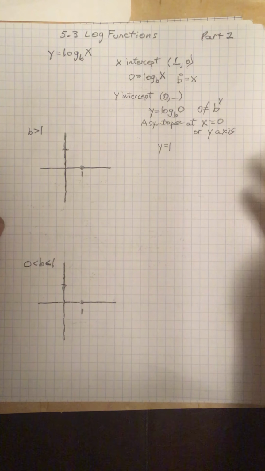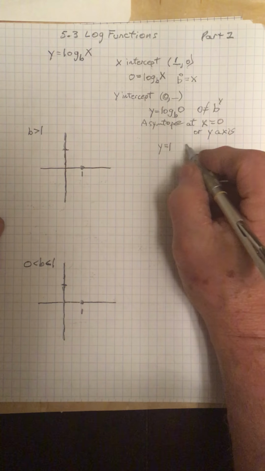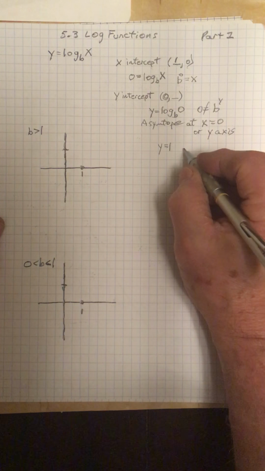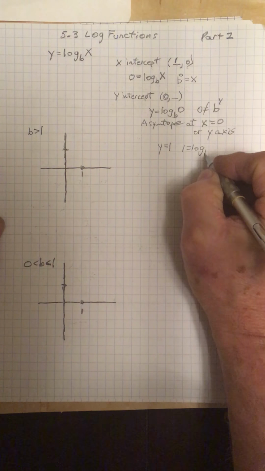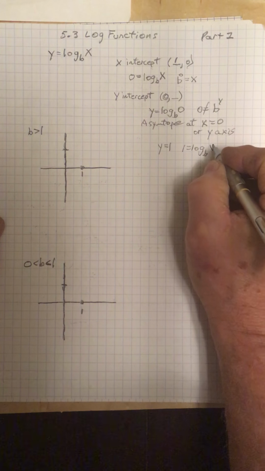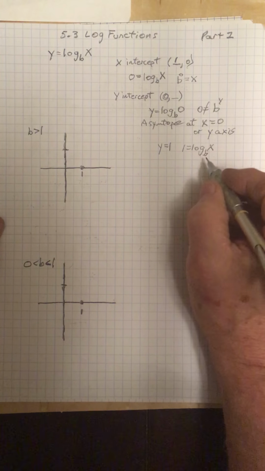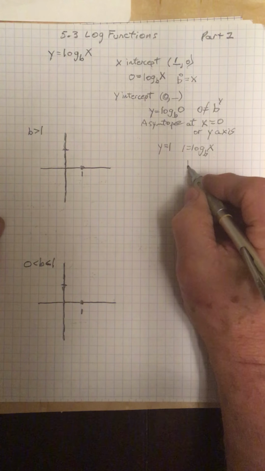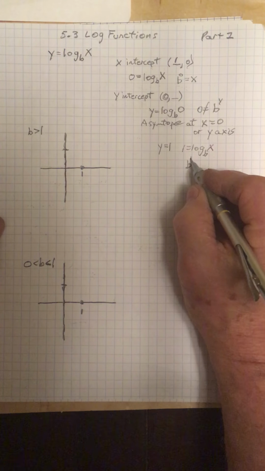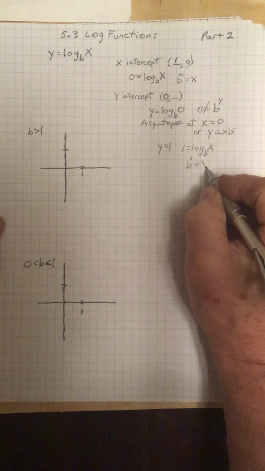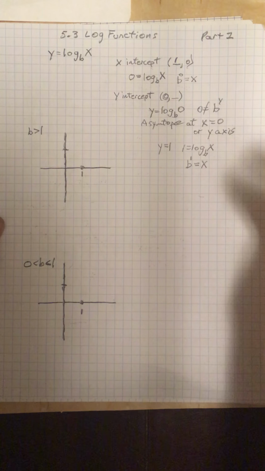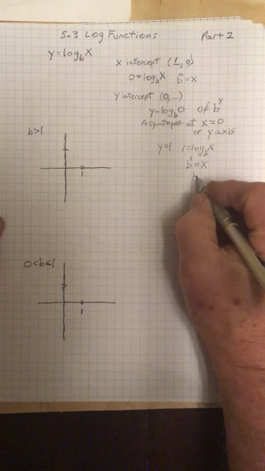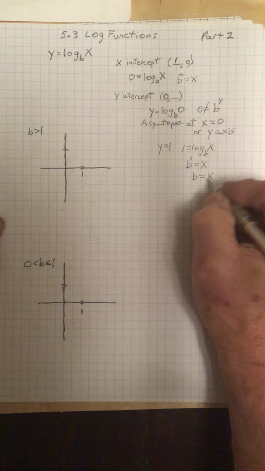Let's solve for x. That would mean 1 equals log base b of x. Again, we convert: base to the exponent equals x. But any number to the first power is just that number. So x would equal b.